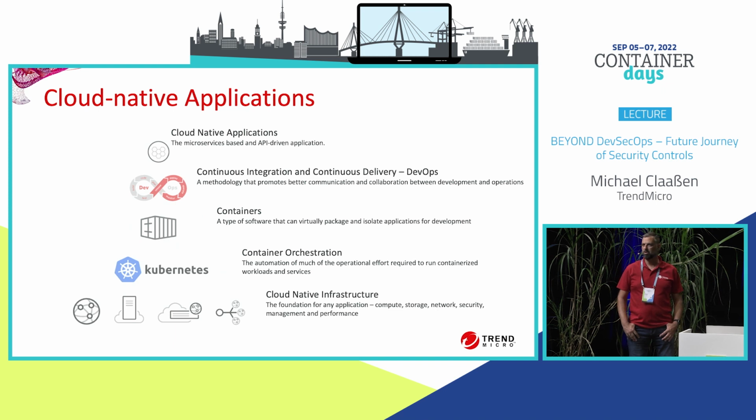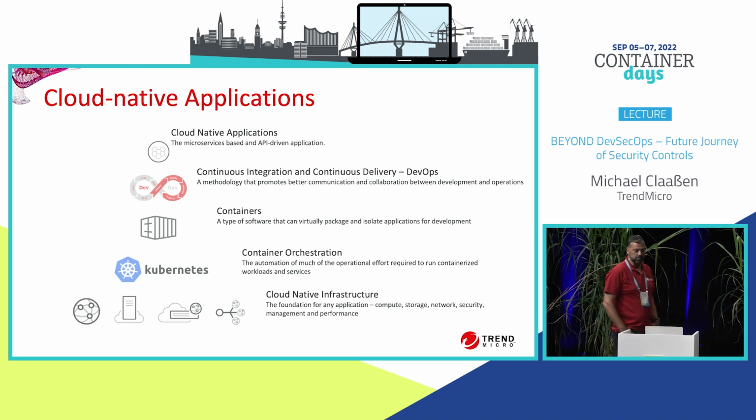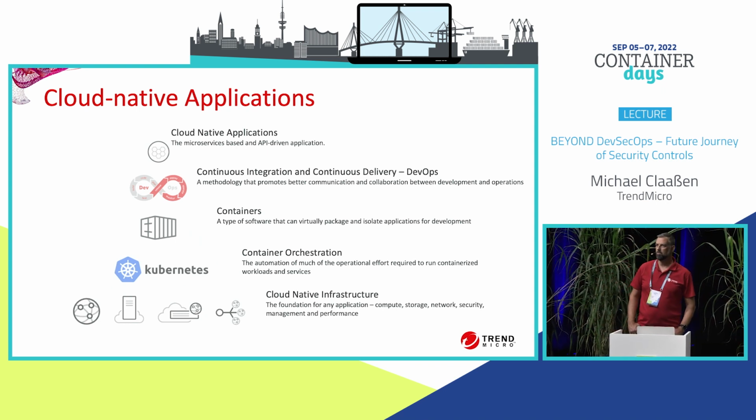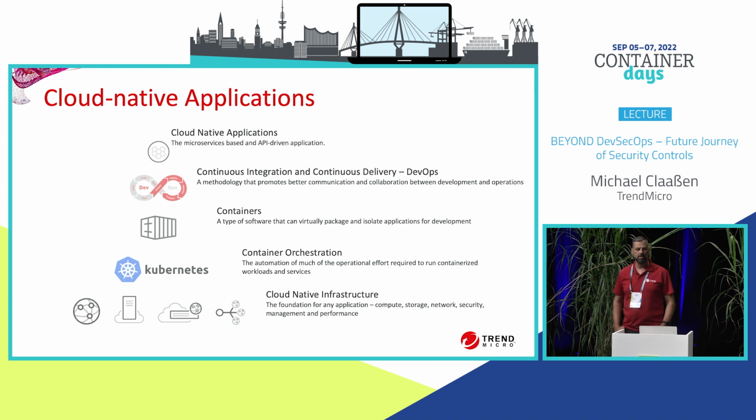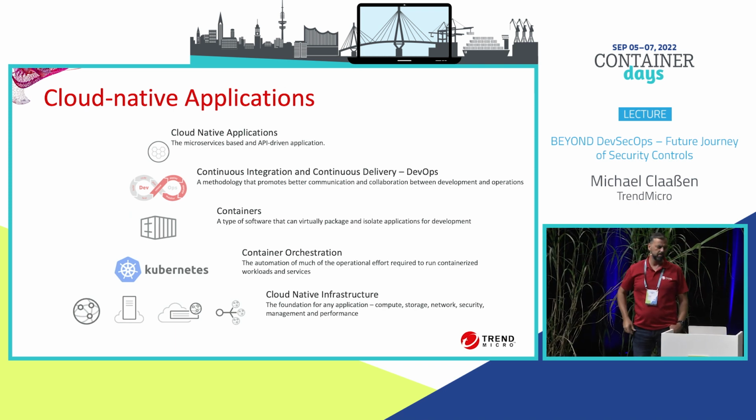One buzzword was nearly everywhere, and that was cloud native. I talk about cloud-native applications as well, so how they are developed and how they evolved over time. When we talk about cloud-native applications, I have this picture of a pyramid where we have the bottom layer of the cloud-native infrastructure.